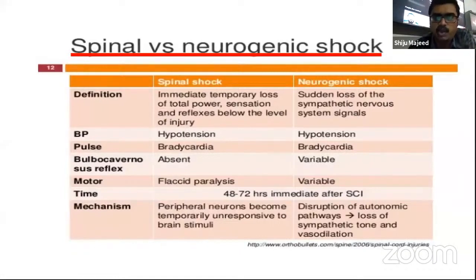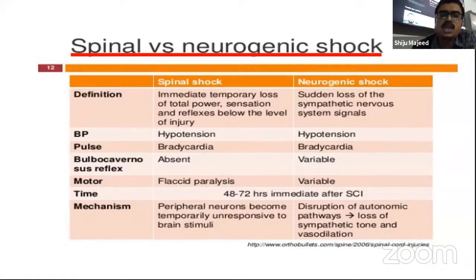That is what happens in a hypovolemic shock. When you lose a lot of blood, there is a compensatory mechanism by which you get tachycardia. But this tachycardia is actually mediated by the sympathetic system. So when the sympathetic system is lost, the patient develops hypotension and bradycardia. That is the difference between spinal shock and neurogenic shock.